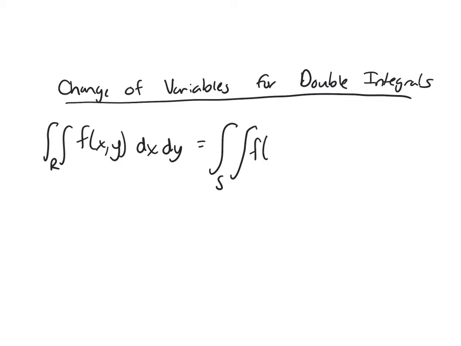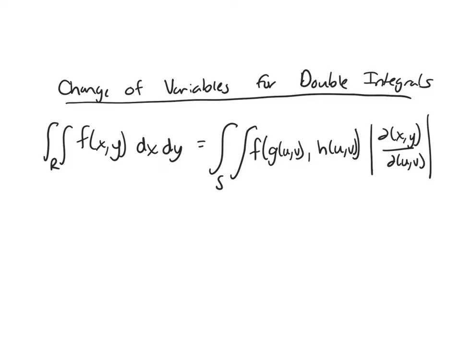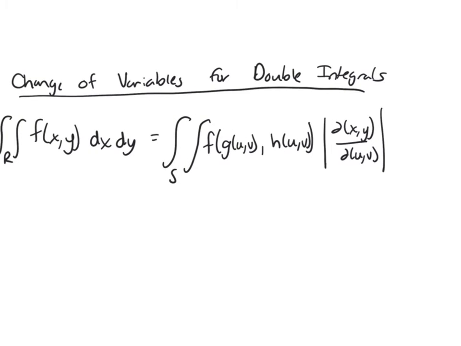And now you're going to plug in for X the equation in terms of U and V, and the same thing for Y. And then you're going to multiply by your extra factor. It's the absolute value of the Jacobian, du dv.